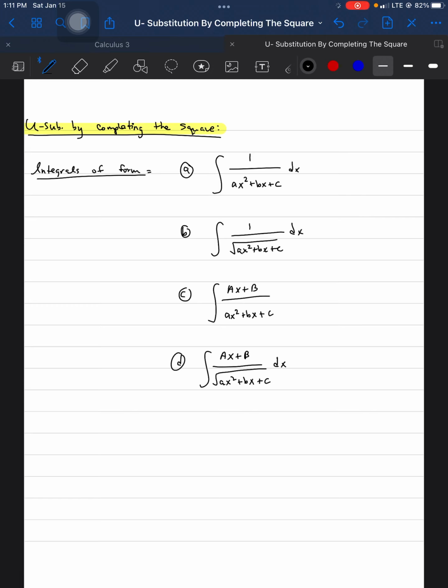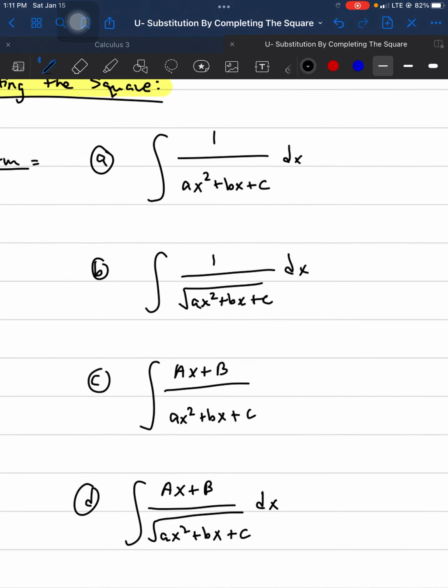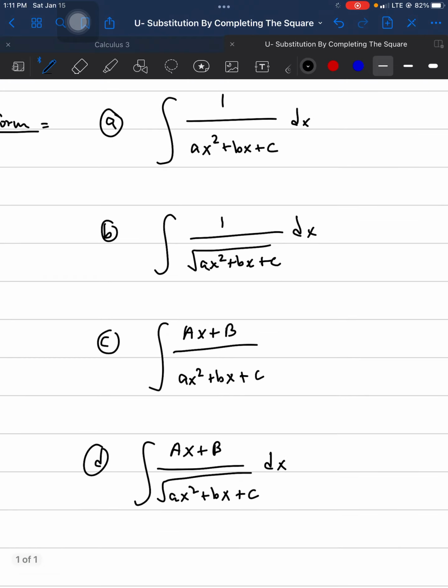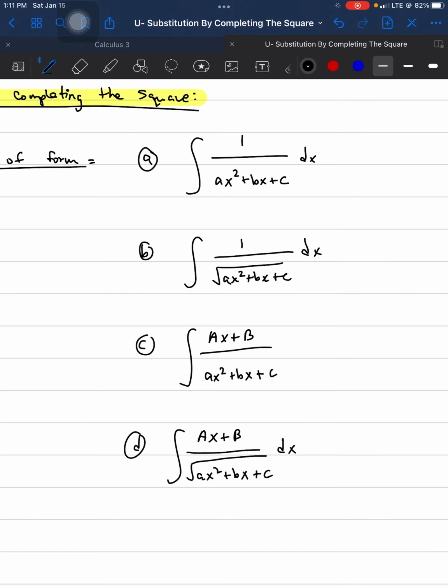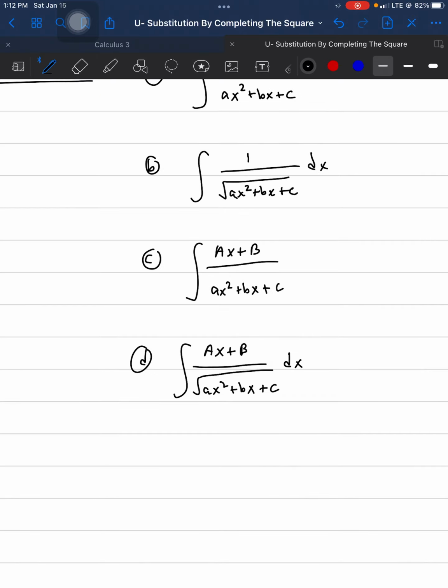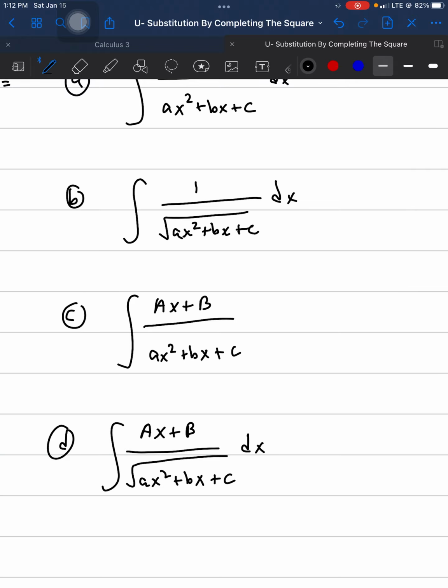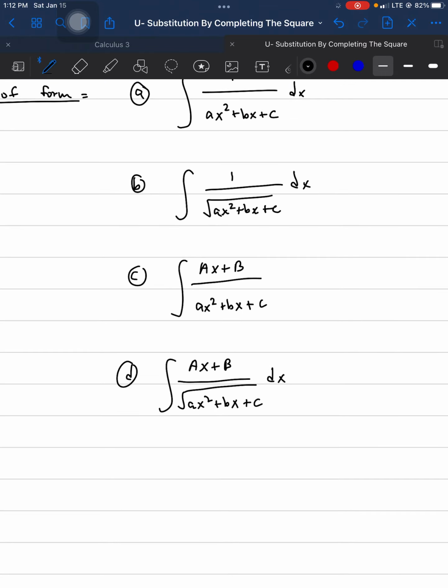I basically listed general integrals that you're probably going to encounter when using this kind of method. The first one is just 1 over a quadratic. Whenever you see something like this, think about, can I complete the square here? And then B says 1 over the square root of a quadratic.